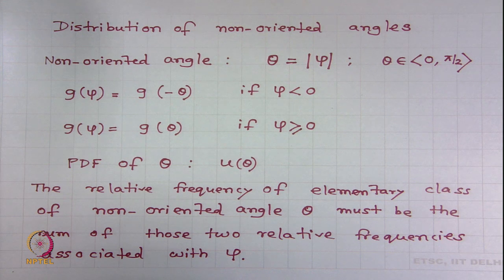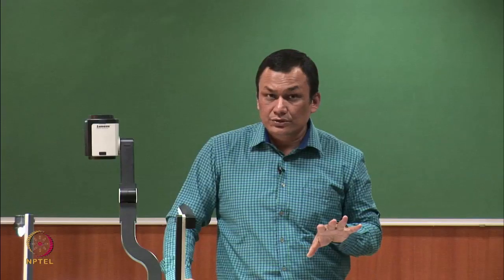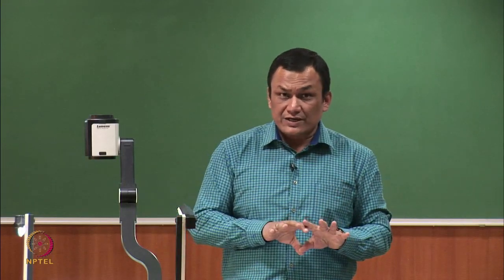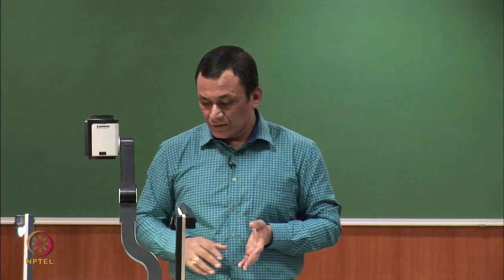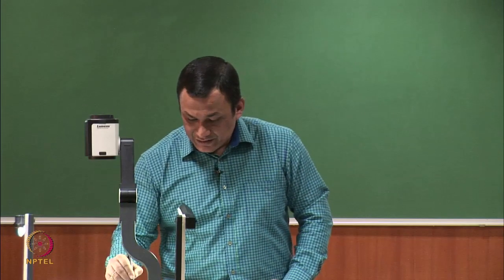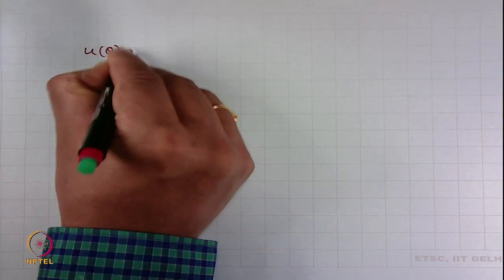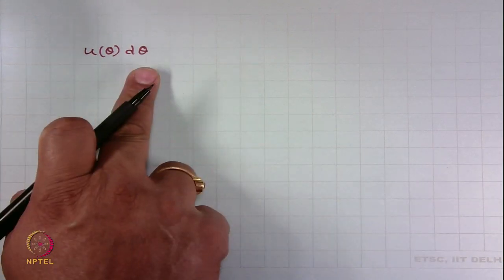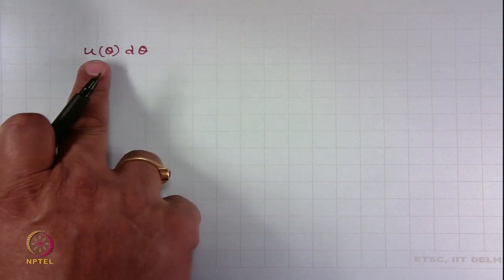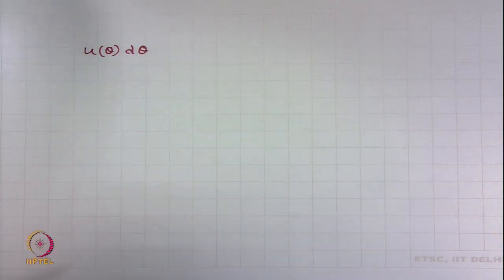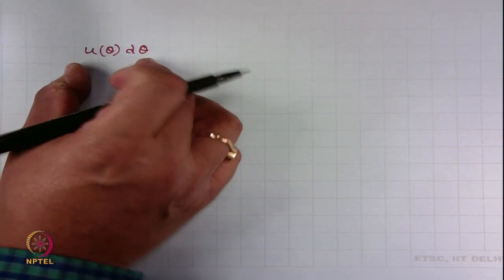What does this mean? This means we are not going to ignore the negative angles. We will consider those negative angles, but in such a manner that the ultimate angle remains positive. So, this means u theta d theta is the relative frequency. Why? Because u theta is the relative frequency density, d theta is the class width. We know that relative frequency density multiplied by class width remains relative frequency. So, this expression is the relative frequency.